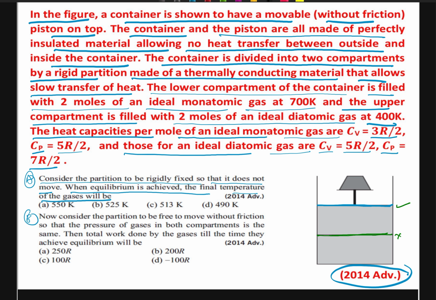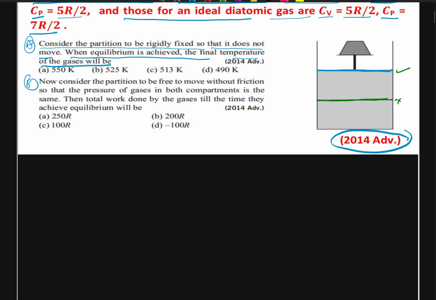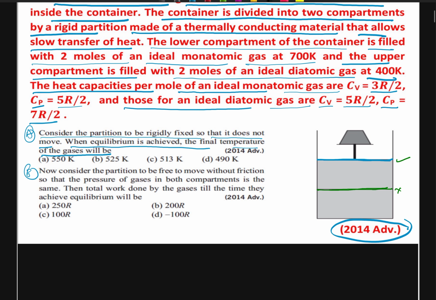under equilibrium, heat is going to transfer. The lower compartment consists of a monatomic gas, there are 2 moles of gas inside, and the temperature is 700 Kelvin.